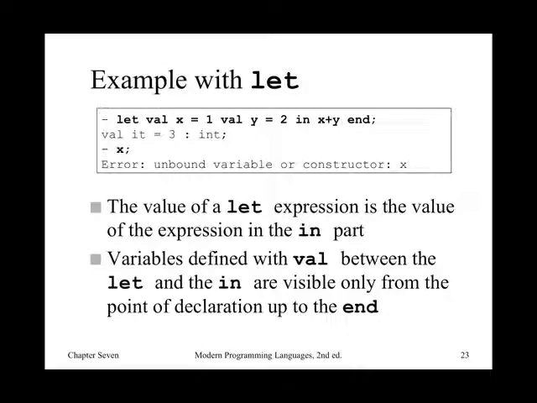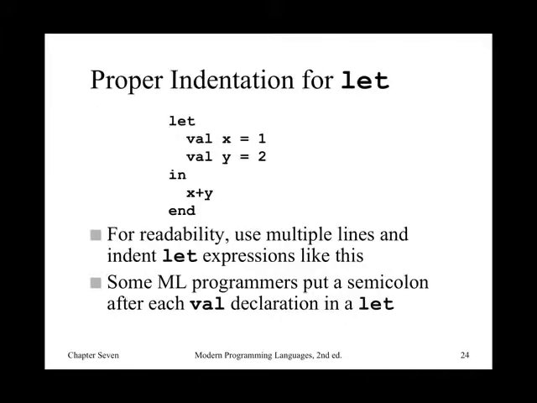Because x is 1, y is 2. Inside that, I add x and y together, I get 3, and that makes perfect sense. Then I simply ask, what's the value of x? And it says, I don't know. That's an illustration of the concept that there's a scoping rule in place and we can't see it. So that's really the punchline.